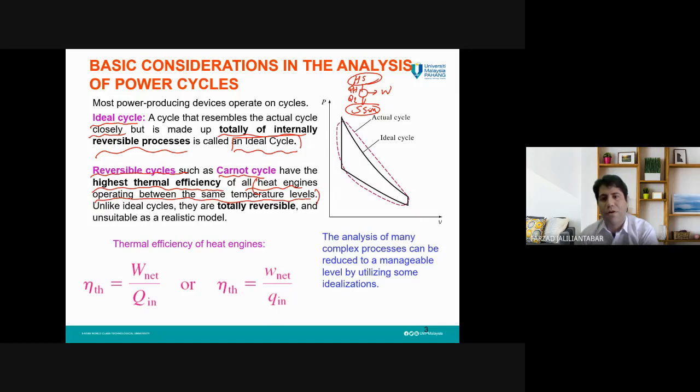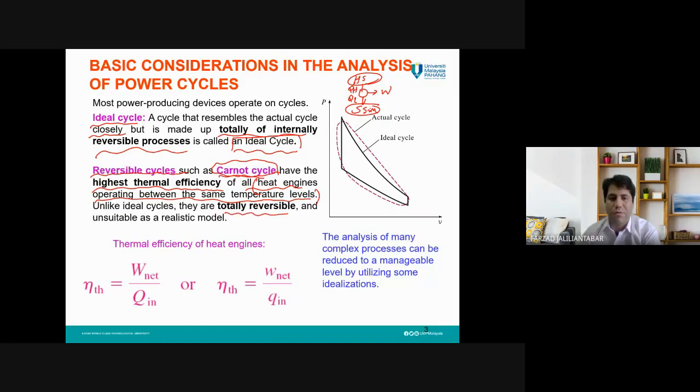If more of QH is converted to W, or the work, it means the efficiency of this heat engine is higher. And as we discussed earlier, the maximum thermal efficiency of such a heat engine is defined by the Carnot cycle because it includes totally reversible processes.